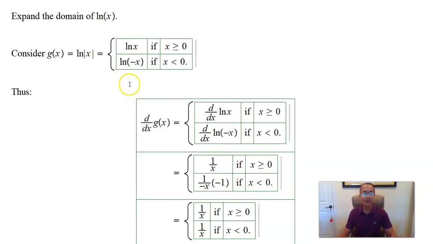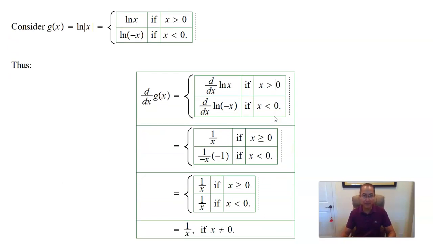Now, of course, absolute value can be written as x if x is positive, or negative x if x is negative. Oops, there's a little mistake here, don't you think? We cannot plug 0 into the ln function, so we have to change these as well.